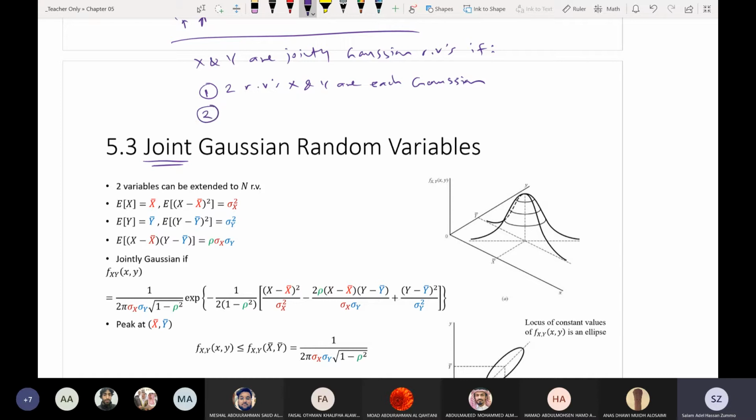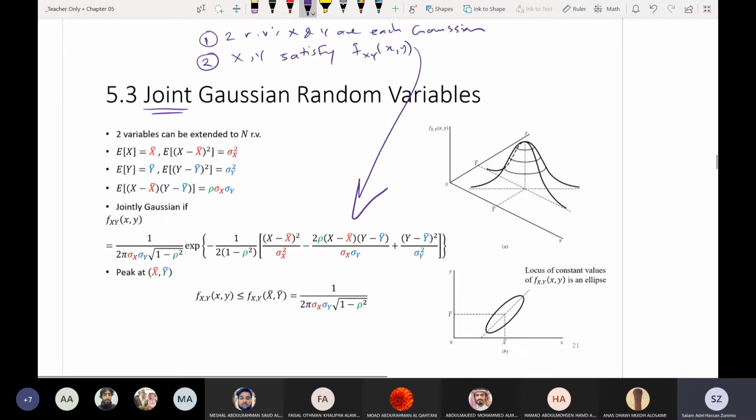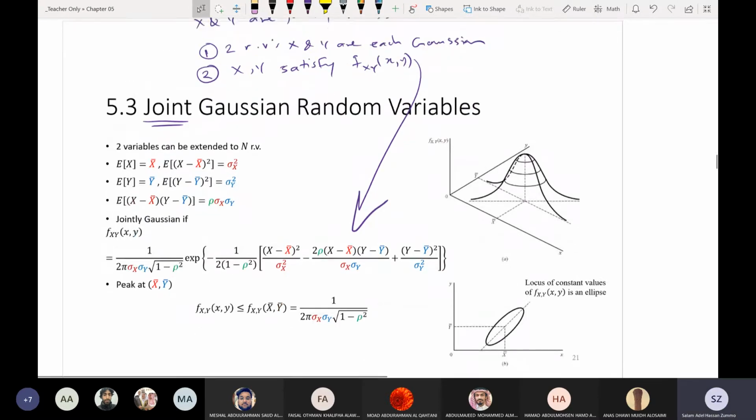The second, x and y satisfy f xy of x, y as this. This is the jointly Gaussian PDF. Okay? Now we'll talk about it in a minute.